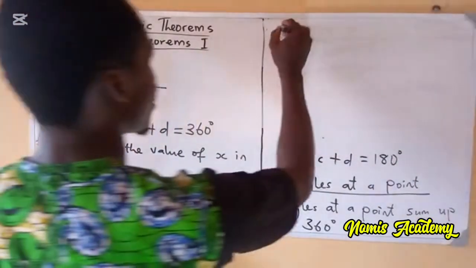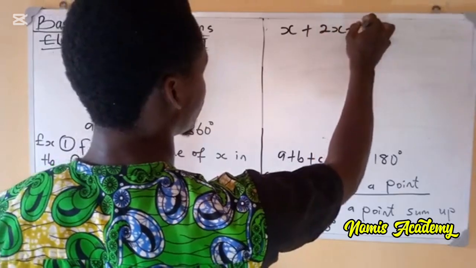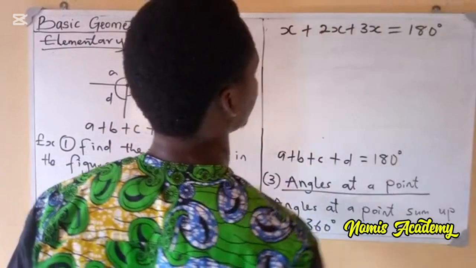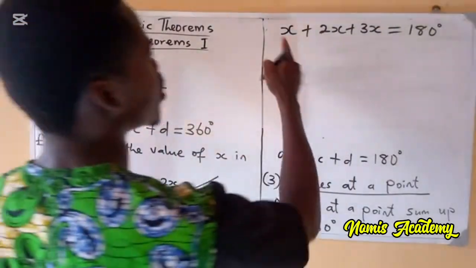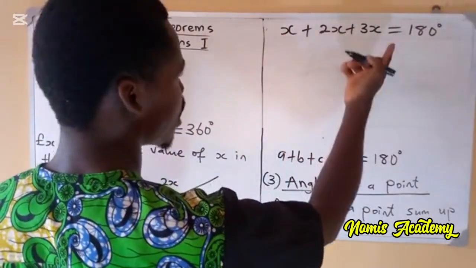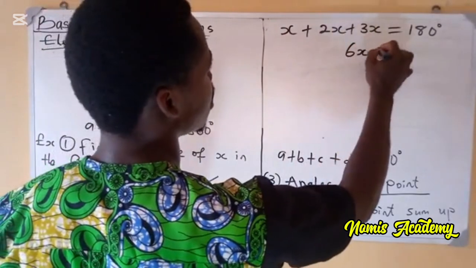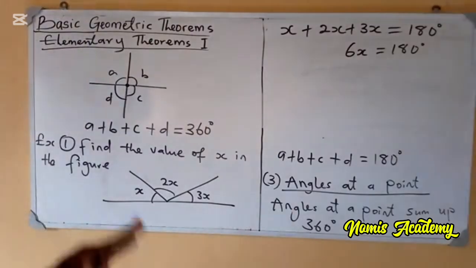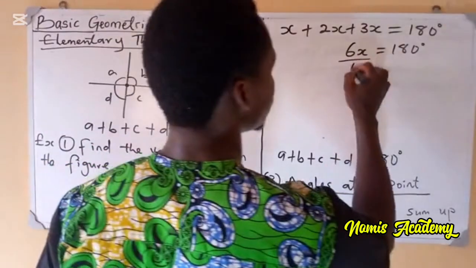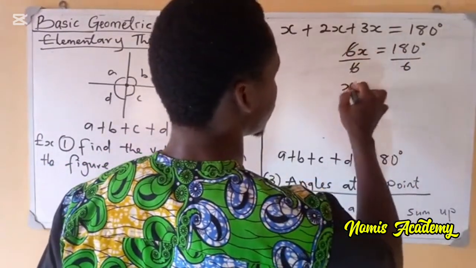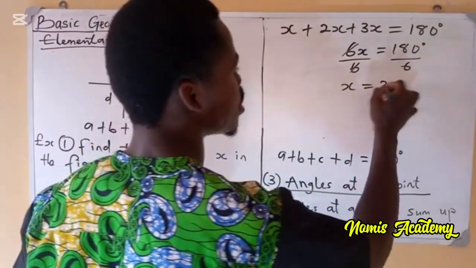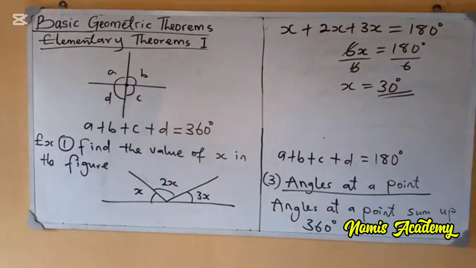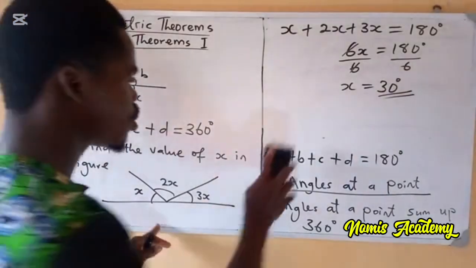So we have x plus 2x plus 3x sum up to 180 degrees. When you add this up, x plus 2x is 3x, plus 3x is 6x, equal to 180 degrees. Now divide both sides by 6, and then x is equal to 30 degrees. So the value of x at this point is 30 degrees.